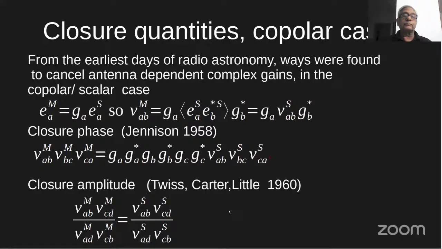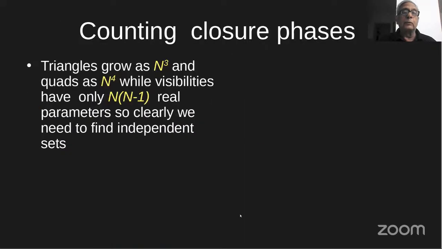Now, you need triangles to compute the closure phase, and you need quadrilaterals to compute the closure amplitude. Now, one can try to count how many of these there are. The number of baselines scales as n squared. The number of triangles grows as n cubed. The number of quadrilaterals grows as n to the 4.